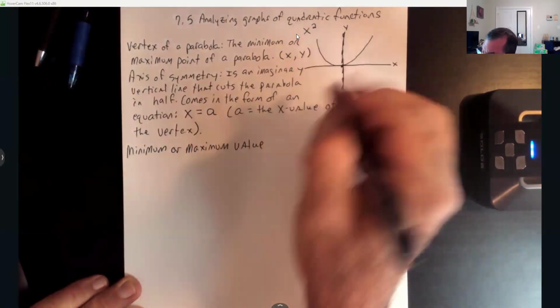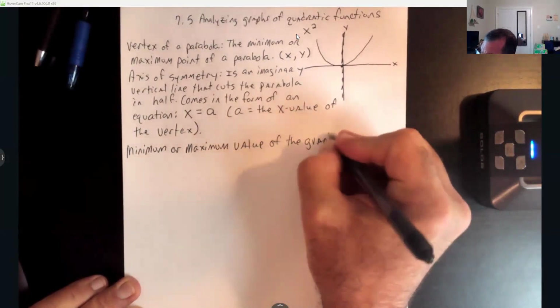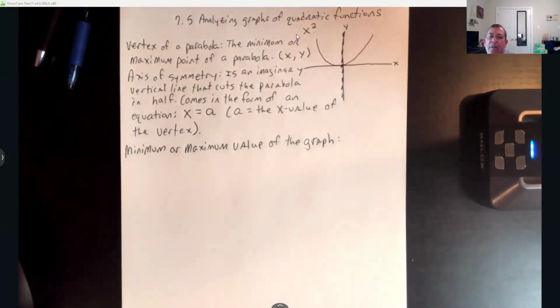And we're talking about of our graph, because sometimes we want to know, well, what's the lowest amount you had or what's the highest amount you had.